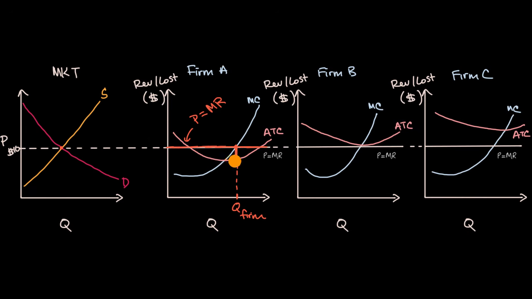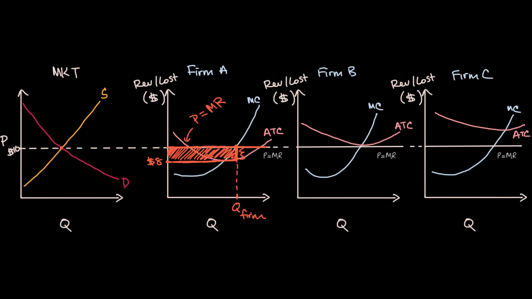And so one way to think about the profit of this firm, and we're talking about economic profit, is that it's going to be the area of this rectangle right over here. So let's say the average total cost at that quantity is $8, then the height of the rectangle is 10 minus 8.